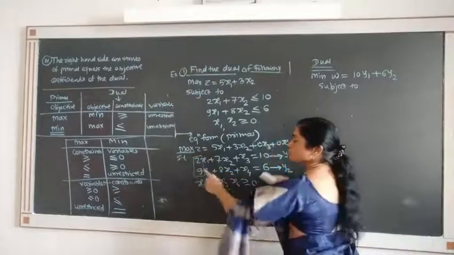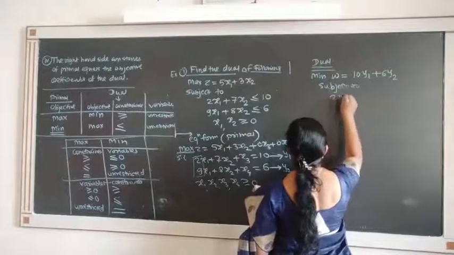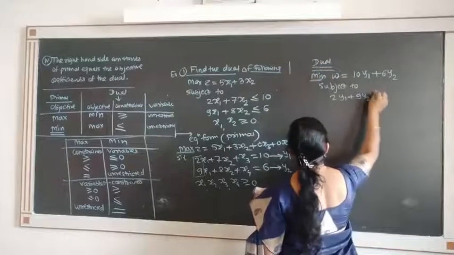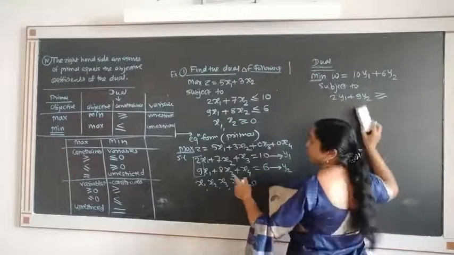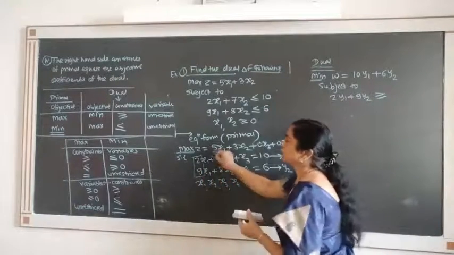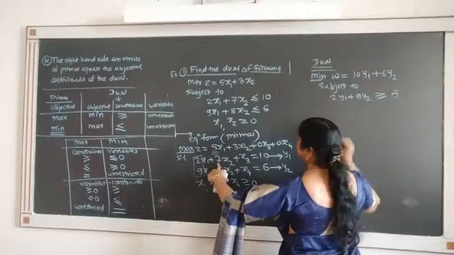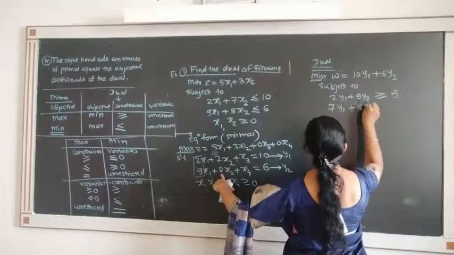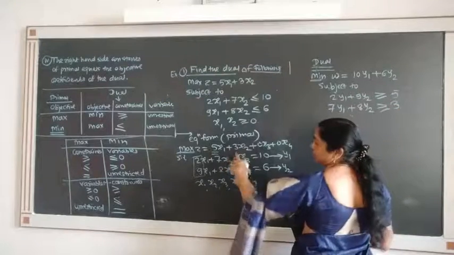So we get 2y1 plus 9y2. Because it is minimization, the constraints are greater than or equal to. So 2y1 plus 9y2 greater than or equal to 5. Now the second column: 7y1 plus 8y2 greater than or equal to 3.